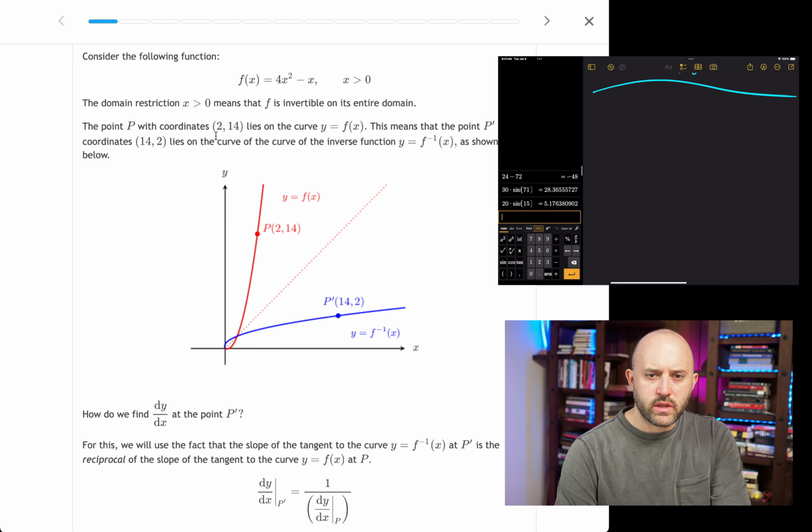Domain restriction means f is invertible on its entire domain. Okay. Start with p, 2, 14. On the curve y equals f of x, that means the point p prime on the inverse is over here, 14 and 2. That makes sense. Then y equals, well, I guess the blue y equals f prime of x.